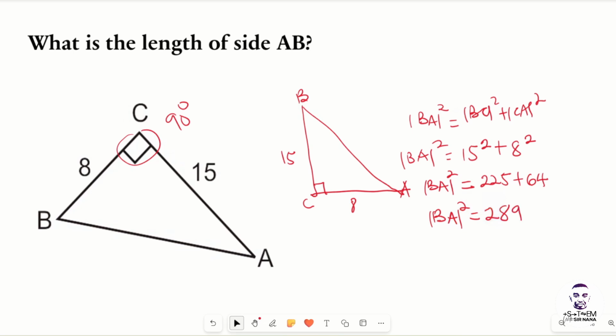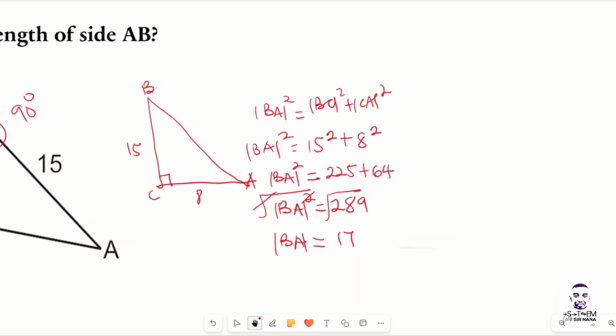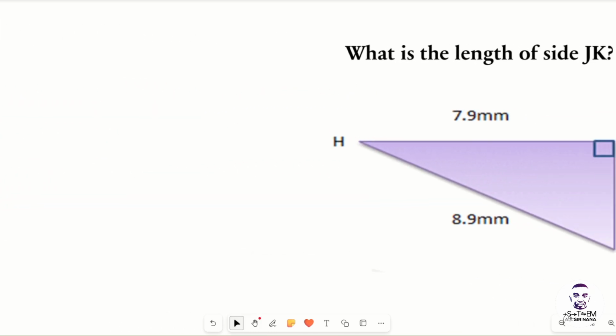So how do we find BA, which is the length from B to A? We find the square root of both sides so that the square root will cancel the square, and our BA will be equal to the square root of 289, which gives us 17, right? So in this case, we get our BA to be 17.